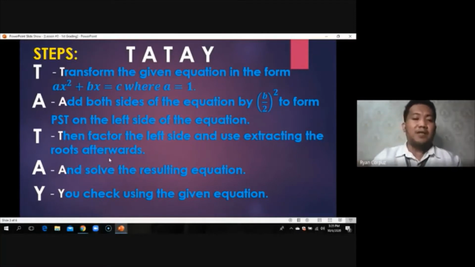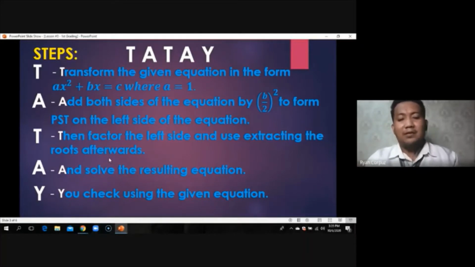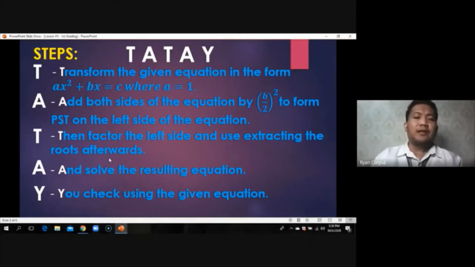So if it satisfies the equation, then ibig sabihin your answer is correct. So you are doing right in solving a quadratic equation by completing the square. So again, in order for us to solve a quadratic equation by completing the square, all you have to do is remember si tatay. Okay, so this time, let's proceed on applying the steps through examples.